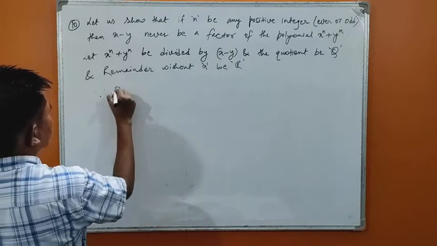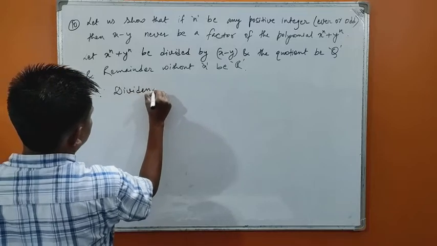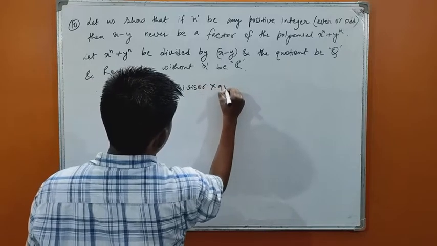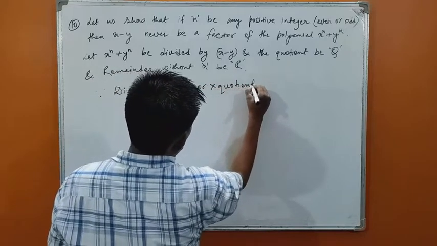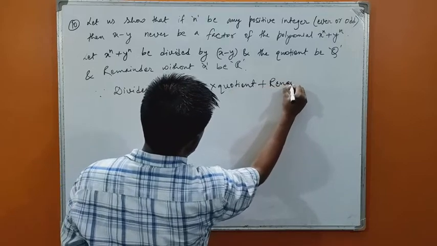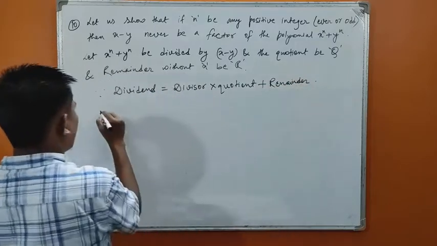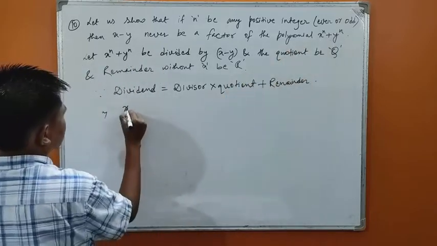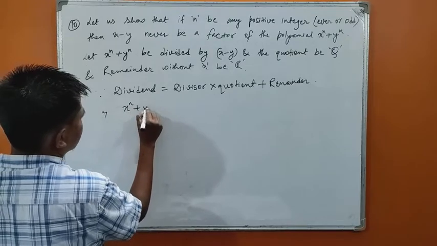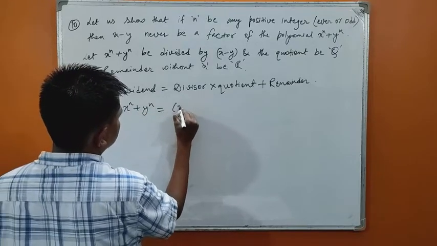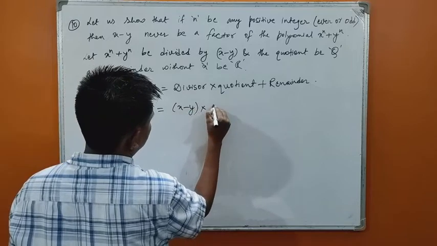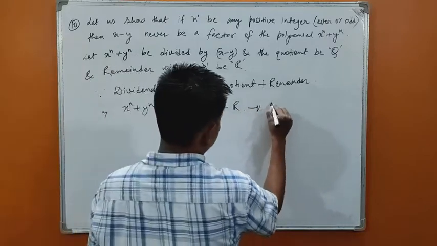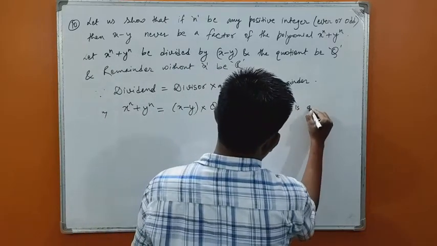Since we know that dividend equals divisor into quotient plus remainder, x to the power n plus y to the power n equals x minus y into q plus r. This is an identity.